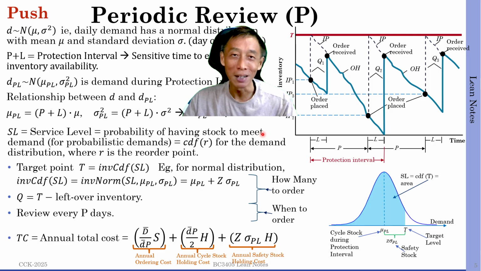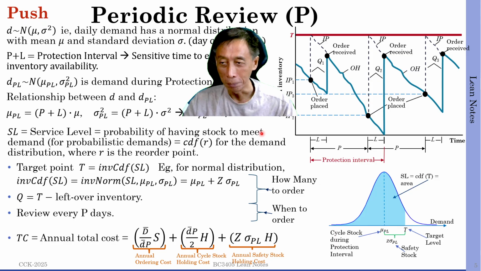Why would any business purposely plan on having anything lesser than 100%? Well, if demand is actually normally distributed, then to have 100% means you have to have an infinite amount of safety stock, which means super high holding costs, right?